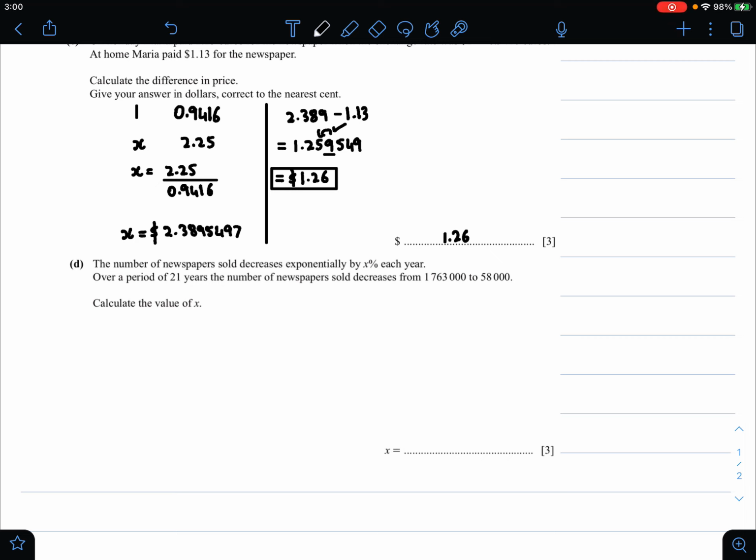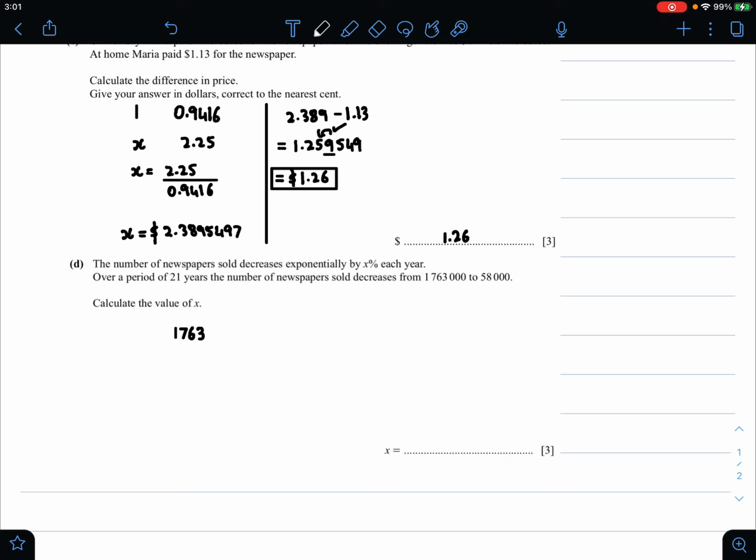They are telling us that over a period of 21 years, the number of papers sold decreased from the following to 58,000. So this would be our principal amount, because that is the original, what you used to sell originally.